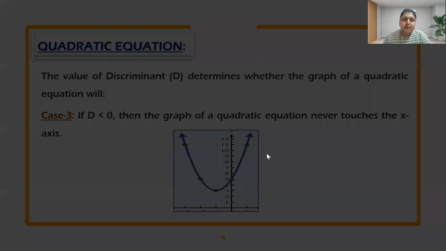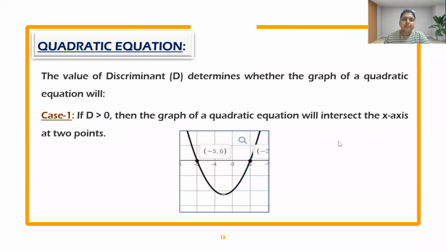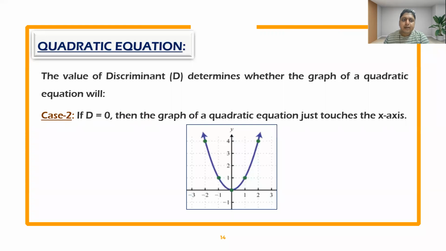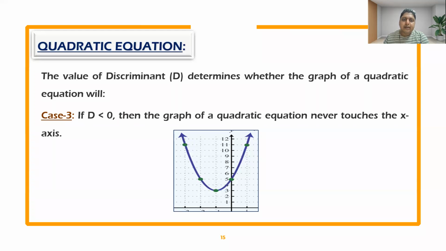So these are the three conditions that we have discussed. If D is greater than 0, then it will intersect the x-axis in two distinct points and give two distinct roots. Secondly, if D is equal to 0, then it will only touch the x-axis and give two equal roots that are real. And thirdly, if D is less than 0, then it will never touch the x-axis and give imaginary roots.